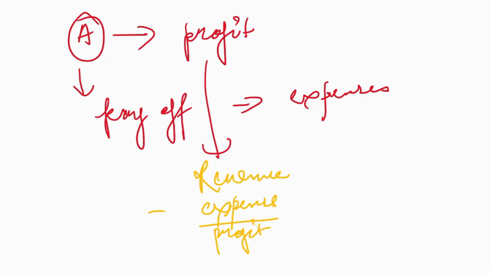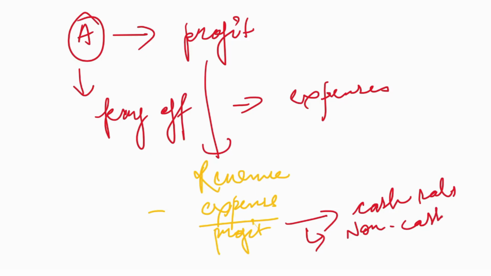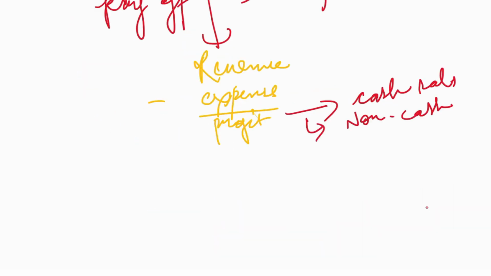Now this profit could be due to cash sales or non-cash sales, right? This could be because of two reasons, cash sales or non-cash sales. So if we have to pay off some kind of expenses, that has to be paid in cash only, right? So if the cash is not available with us, how are we going to pay for it?